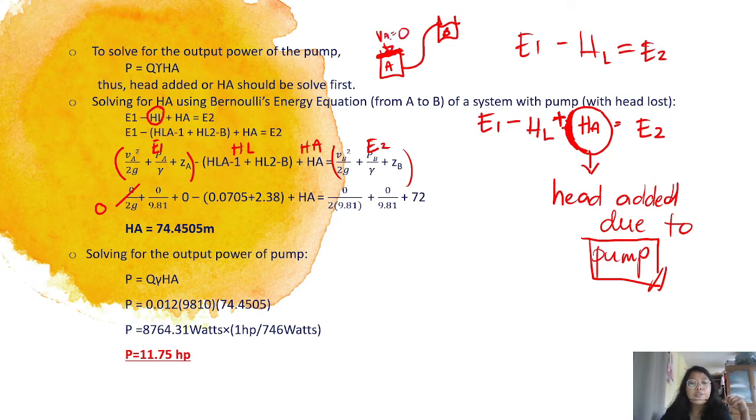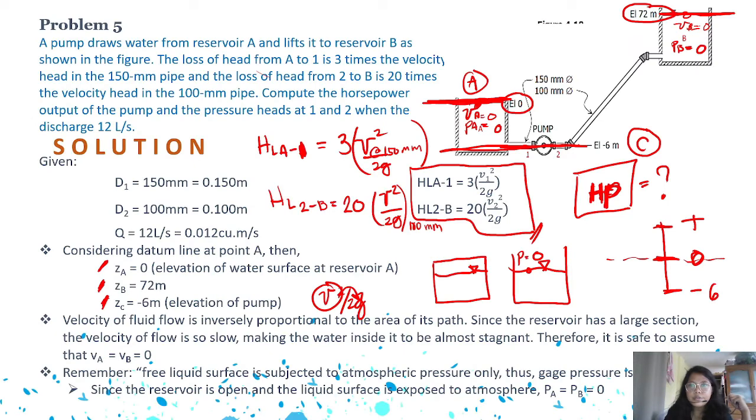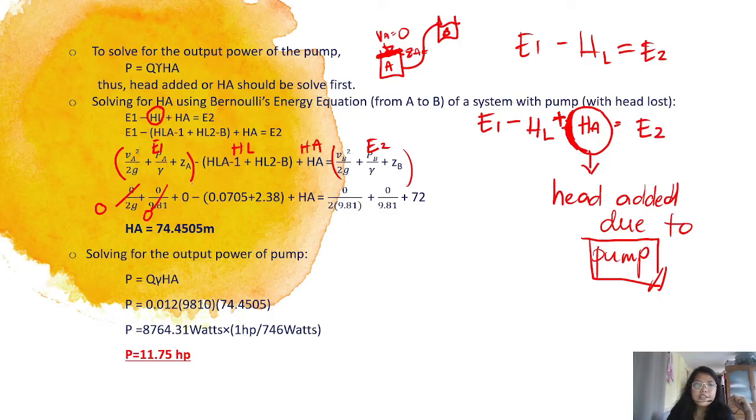So VA is 0. Also, the pressure at an open reservoir is also assumed to be 0. No. And then ZA, since ZA yung inassume natin na datum, tama ba? So ZA, yes. So ito yung point A, so ang elevation niyan is 0, no? So ZA is equal to 0, yung starting point.